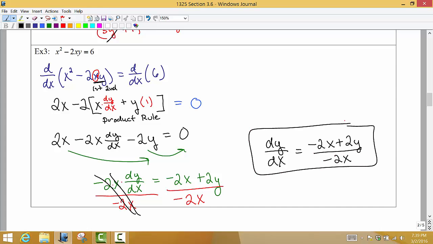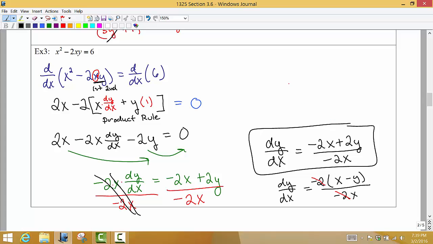Now you want to be careful here. If you want to reduce that, you can, but you want to be careful of something. When you cancel things out, you have to factor first before you cancel. So I could factor out a 2. In fact, I could factor out a negative 2 if I want. That leaves me inside with x minus y. So the only thing that's going to cancel here is going to be the negative 2 factor that's common in the top and the bottom.